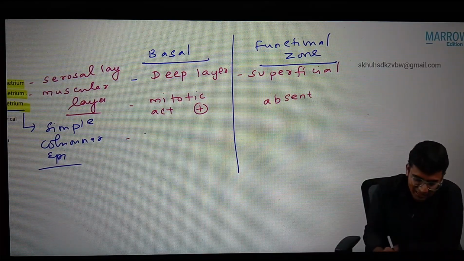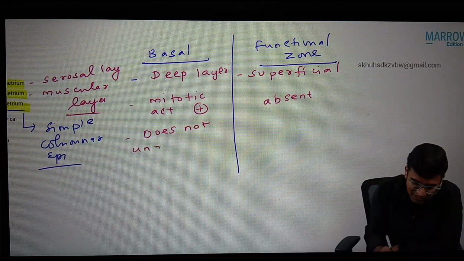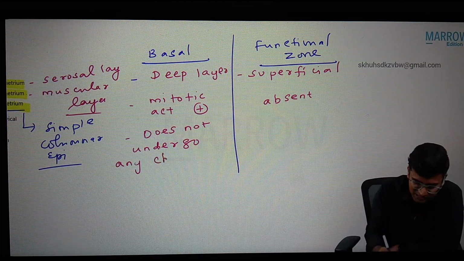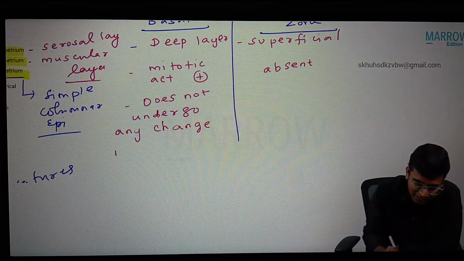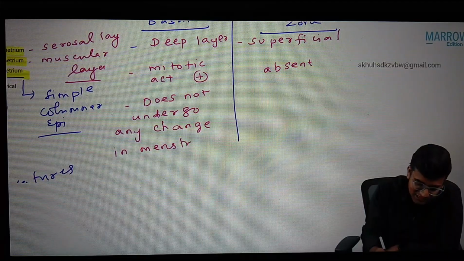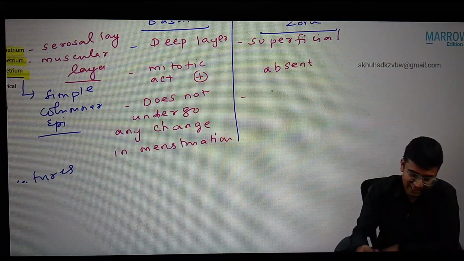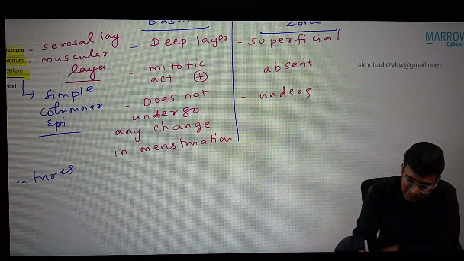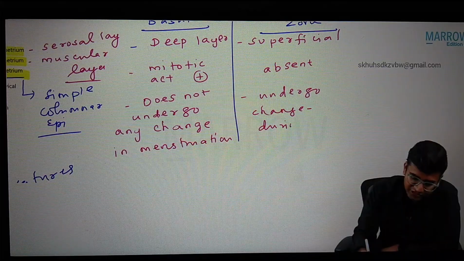The basal layer does not undergo any change during menstruation or in the menstrual cycle, whereas the functional layer does undergo change during menstruation.